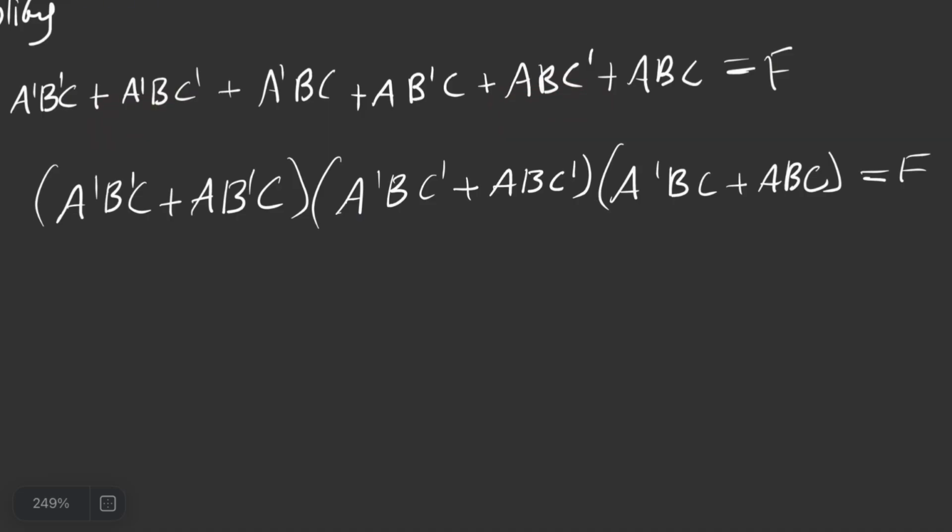So, for example, we have B prime C and B prime C that can be factored out. We have BC prime and BC prime that can be factored out. And we have BC and BC that can be factored out. So we are going to now factor those terms out of our brackets that we've made.